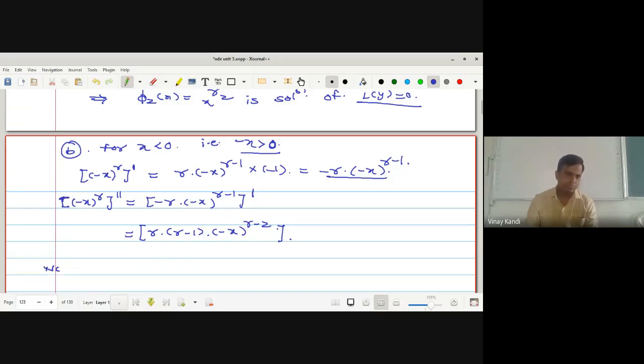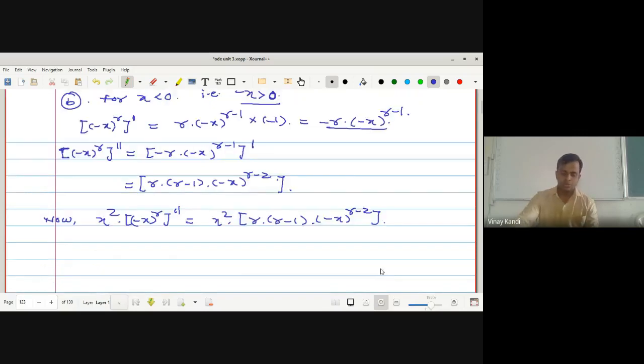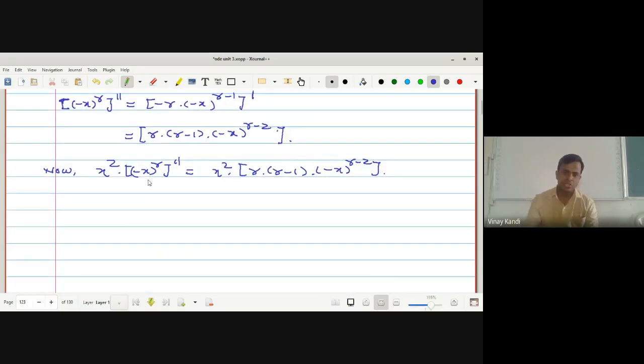Okay, now x square into minus x raised to r double dash is equal to what? x square gets multiplied with r into r minus 1 into minus x raised to r minus 2. So here we can write x square, instead of x square we can also write minus x square.